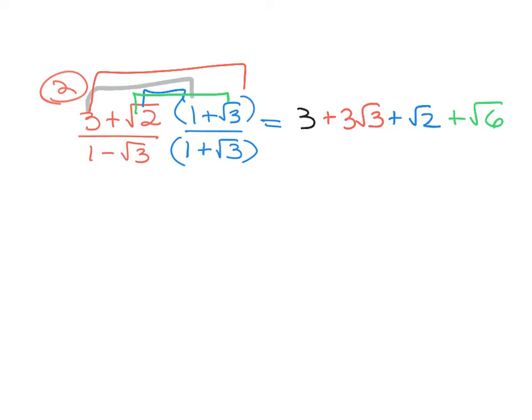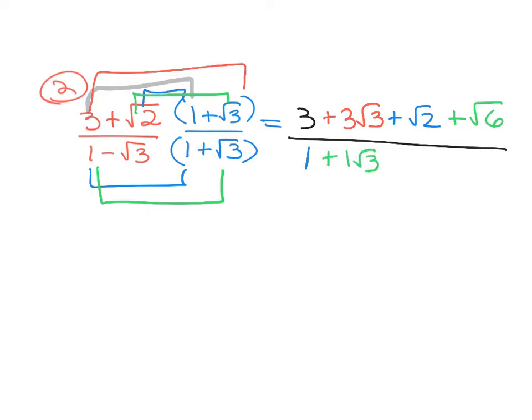Now I just have to FOIL the denominator. So let's go ahead and do that. Again, I'll do first. And I get 1 times 1 is 1. Then I do outside. And I get plus 1 square root 3. Inside, minus 1 square root 3. And then last gives me minus 3. So again, notice the outside and the inside here are going to cancel.